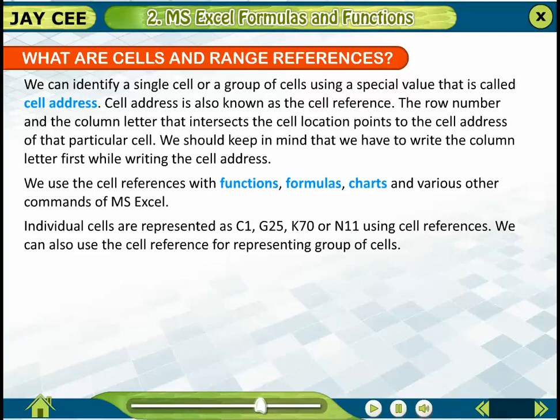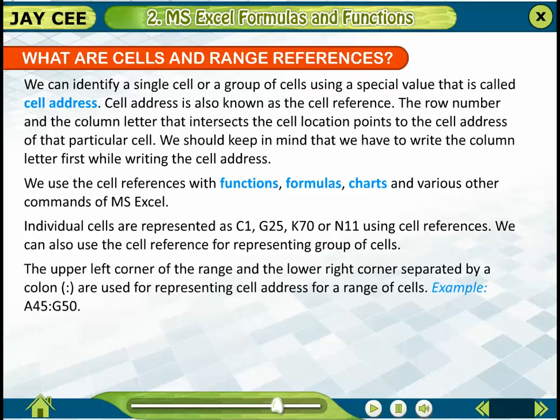We can also use the cell reference for representing a group of cells. The upper left corner of the range and the lower right corner separated by a colon are used for representing the cell address for a range of cells. Example, A45:G50.